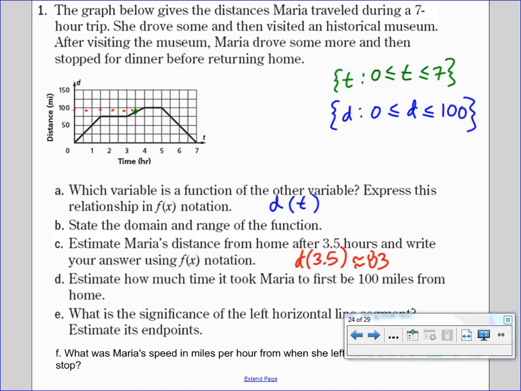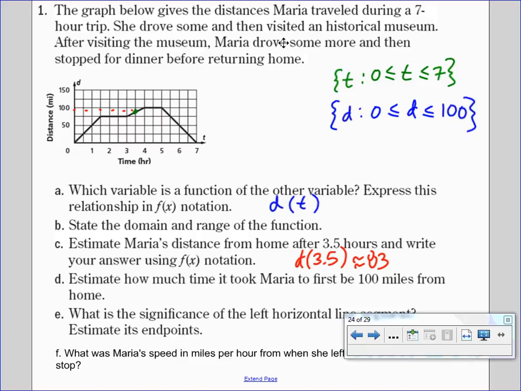I went to my y-axis and it looks about halfway between 75 and 100, and if I could draw a straight horizontal line, I'd be close to 82.5, which I then rounded up to 83 and wrote in function notation. So I'm just estimating. We don't have a function equation, so I'm just looking, estimating.